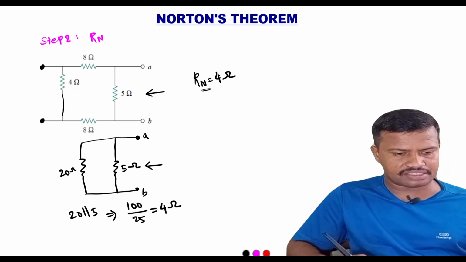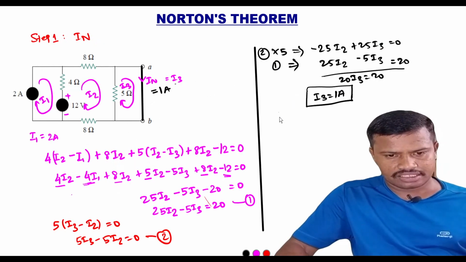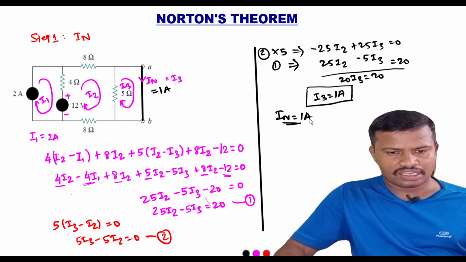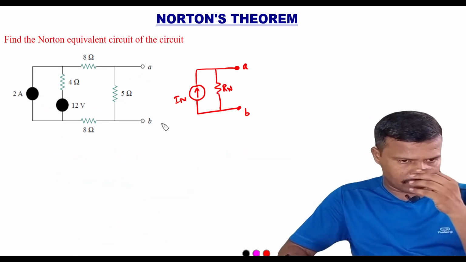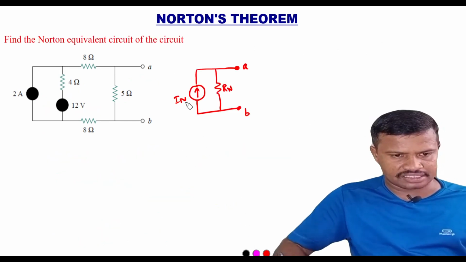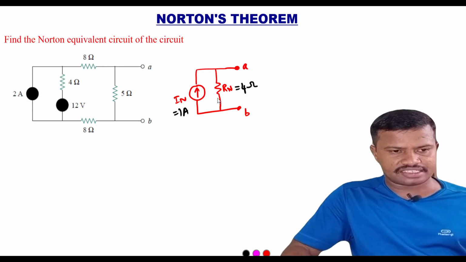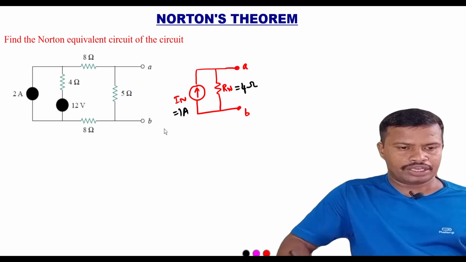In the previous step we found that IN is equal to 1 amp. Now we have the two values to draw the equivalent circuit. In this, IN is equal to 1 amp and RN is equal to 4 ohm. This is the Norton equivalent circuit for the given circuit diagram.